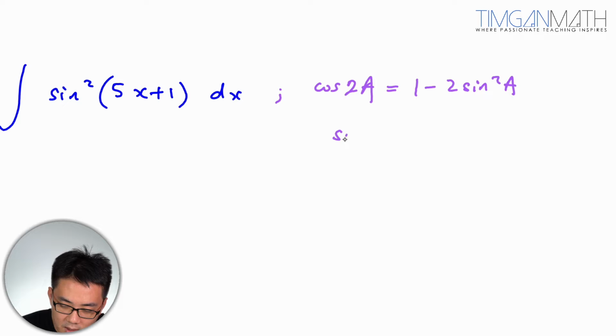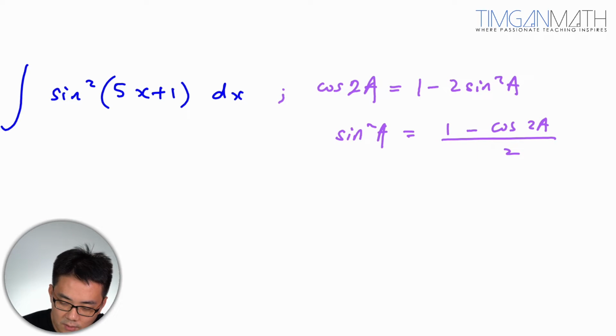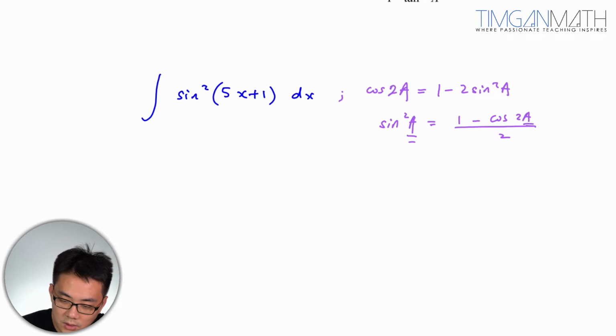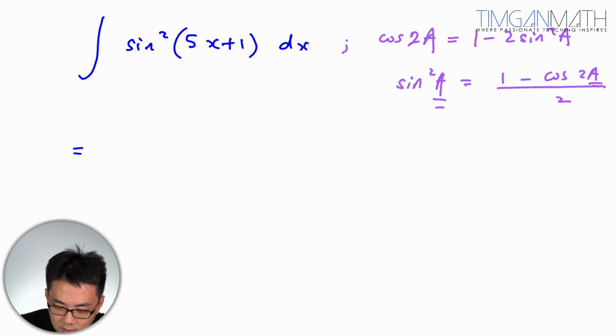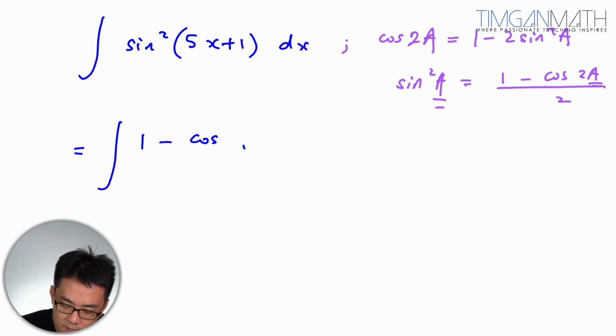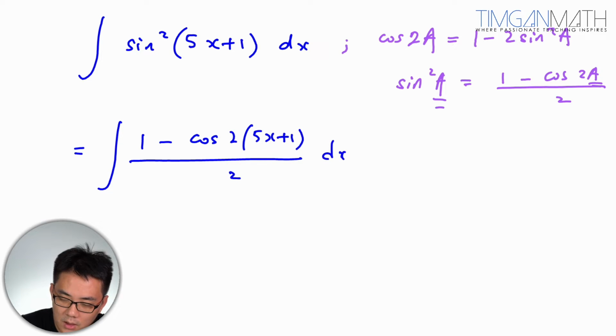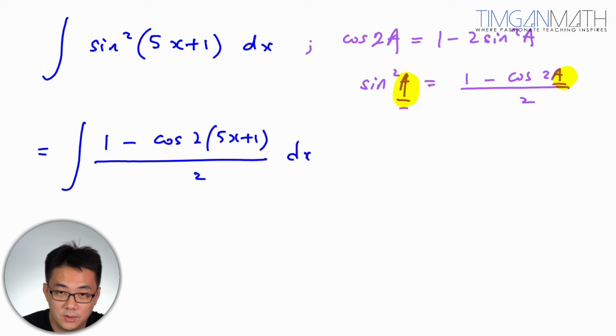So I know that sine square a equals 1 minus cosine 2a over 2 by rearranging, and a is actually 5x plus 1. So I essentially just replace a with 5x plus 1.